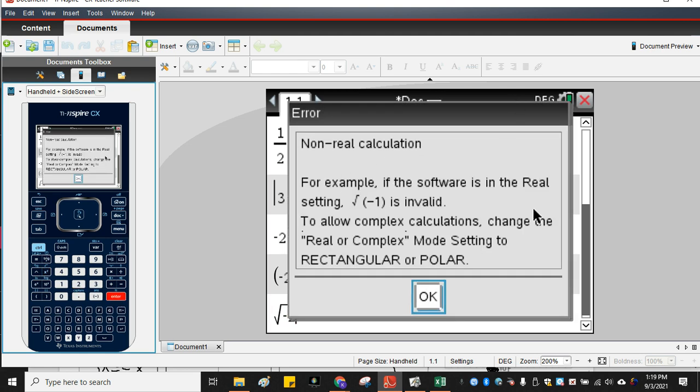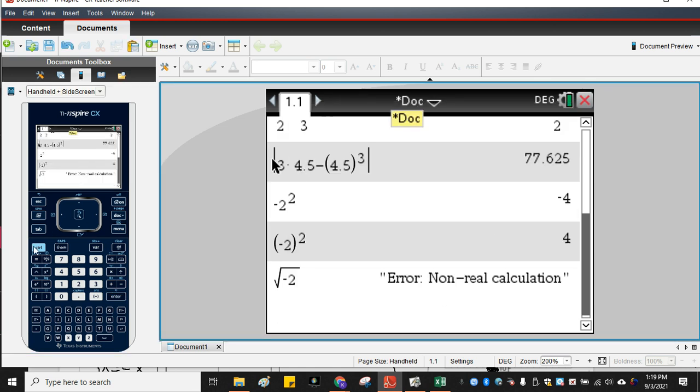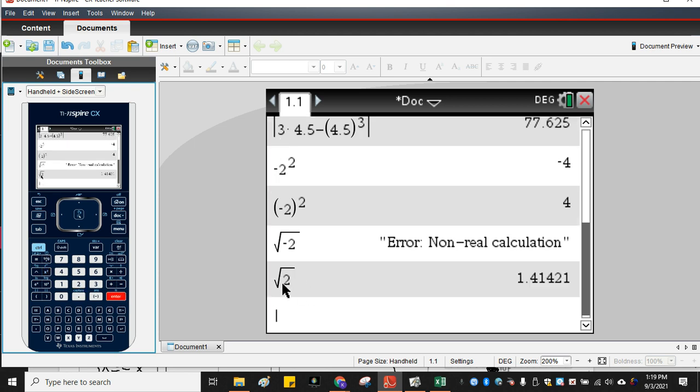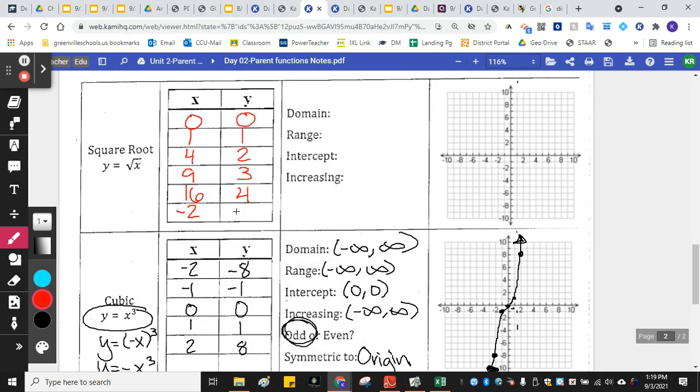It's imaginary. So you can't graph imaginary numbers. But if you did do the square root of 2, you could do 2, 1.41. You're more than welcome to graph that. It's just a decimal. So I could do 2, 1.4, but I don't know why you'd want to graph decimals when you know nice numbers.